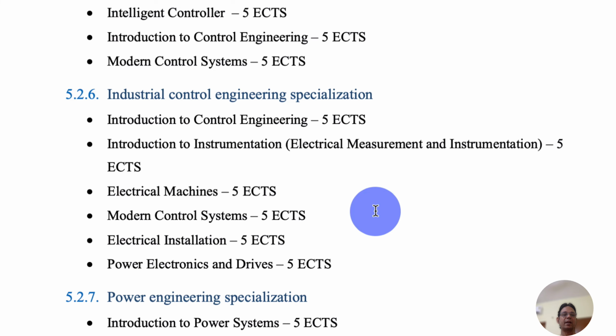Industrial control engineering has some different subjects. It has control engineering, instrumentation, electrical machines, modern control systems, electrical installations, and power electronics and drives. So these are applicable to the industrial control engineering specializations.